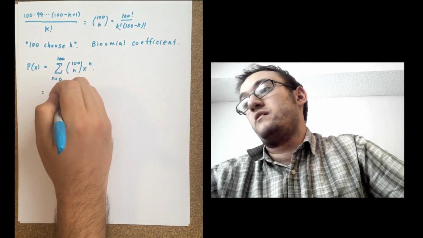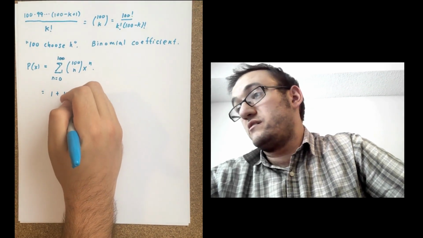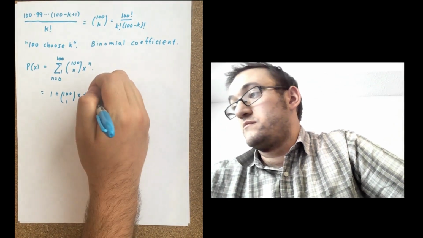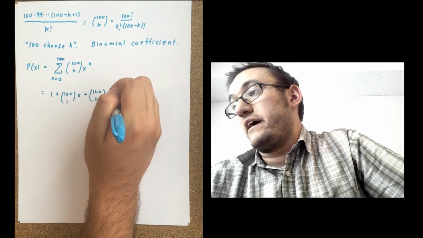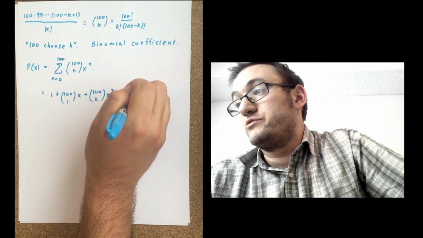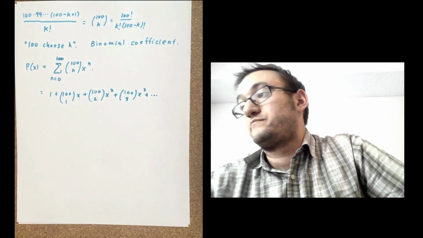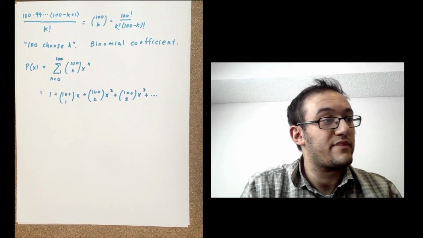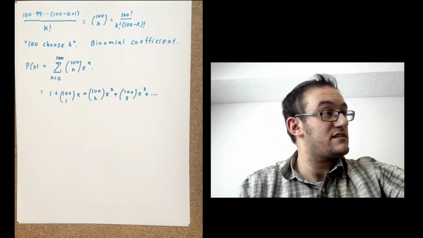So we have 1 plus 100 choose 1 is 100, 100 choose 2, x squared, 100 choose 3, x cubed, etc. Okay, and that's exactly what we found earlier. All right. So that's polynomials.